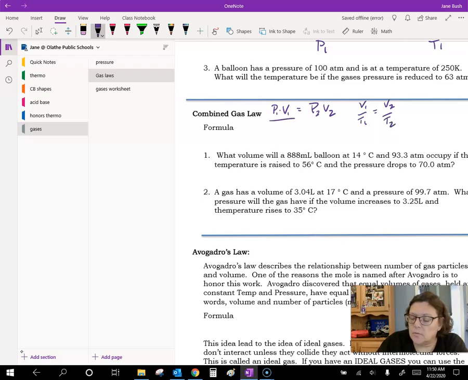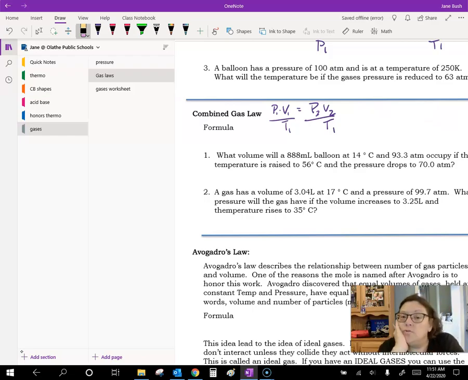Since temperature varies directly, we can put it under there. And then Gay-Lussac said that temperature and pressure vary directly, so that relationship is also there. So we can put all three gas laws together like this.